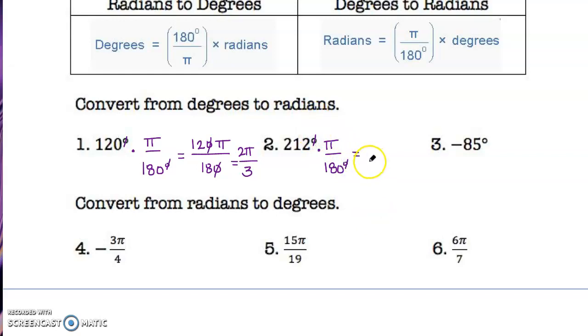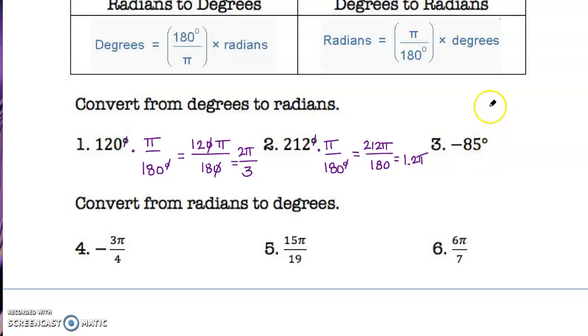So if it's not as nice of a number, then you can simplify that fraction as much as it will go, or we could actually take that and make it a decimal, which is not necessarily the most preferred answer mathematically because it's not precise once we start thinking about converting pi to a decimal, but it gives us what we need. Same thing for 85.